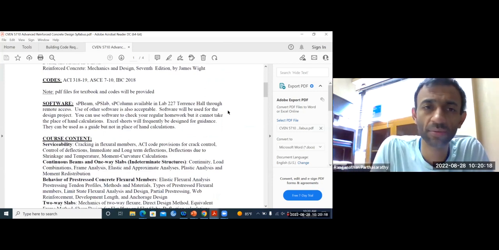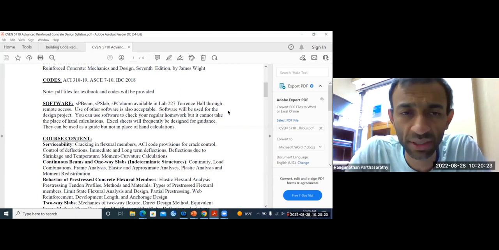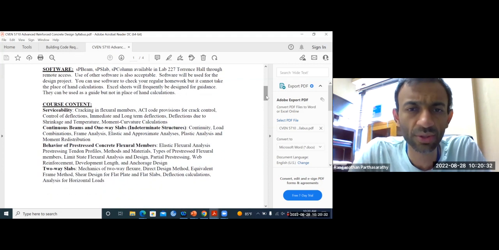Software, mainly we will be using the StructurePoint software, spBeam, spColumn, etc. I also have some Excel sheets that I will provide, and we will use those as well.